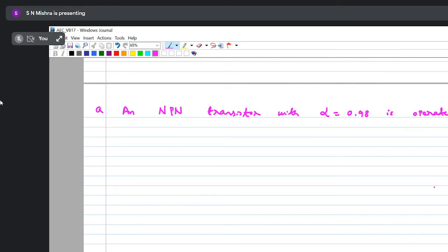This EDFA consists of a pump laser and a wavelength division multiplexing combiner. So this WDM combiner is to combine signal and pump wavelength so that they can propagate simultaneously through this erbium doped fiber. So it consists of basically three components.